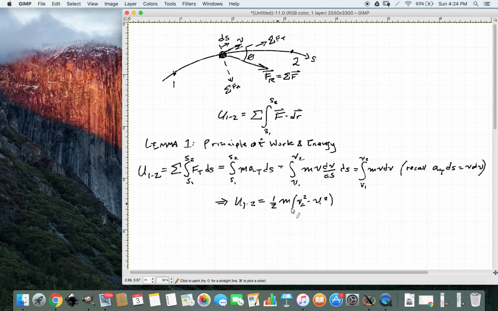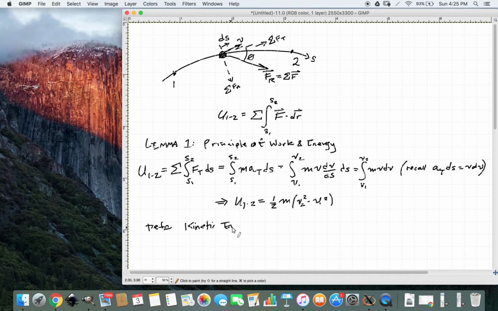Now you note that on this right-hand side, if I were to carry through this multiplication, I would have 1/2 m v2 squared minus 1/2 m v1 squared. So let's pause and make a quick point to define kinetic energy. Definition: kinetic energy.